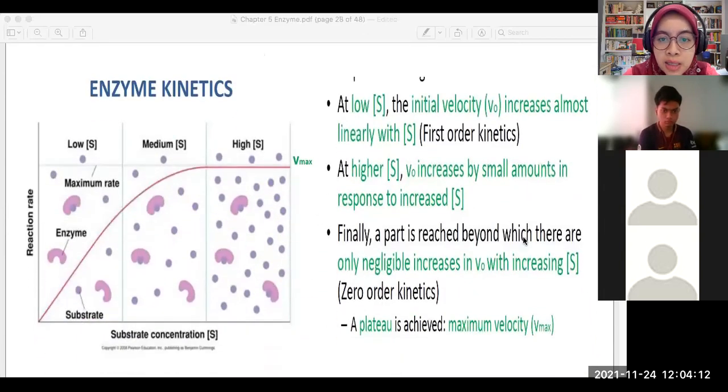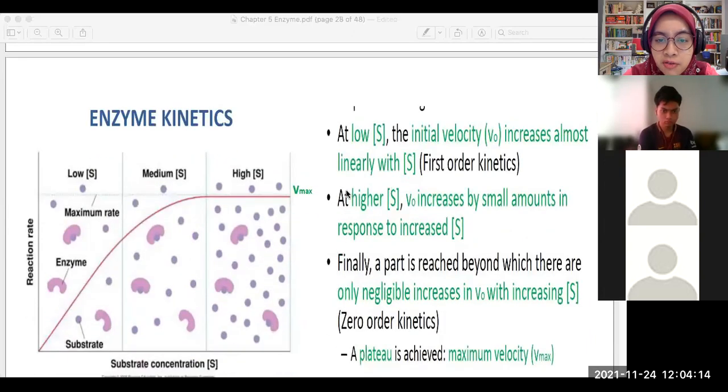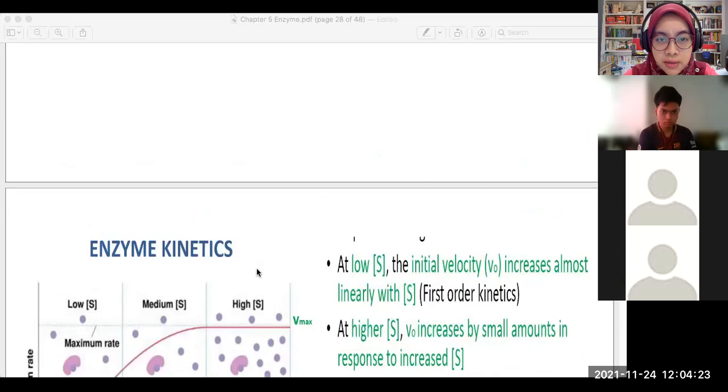We will explain the reaction of the enzyme based on the concentration of enzyme and substrate, and the product that is formed.